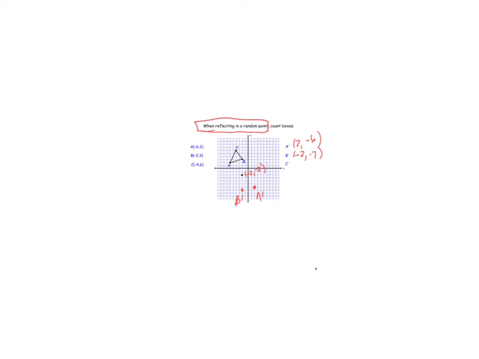And then last but not least, C, 1, 2, 3, 4, 5, 6, 7, 8 over 2, down 1, 2, 3, 4, 5, 6, 7, 8 over 2. So I'm off the graph a bit, but that's okay. C prime is going to be (0, -11). And I'm going to connect like this. So the rule doesn't work here. So you have to know how to count boxes.